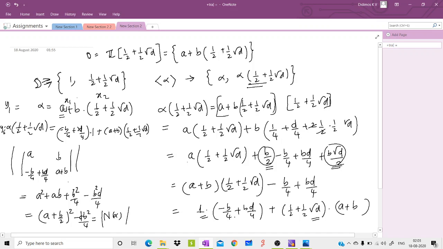Now you can say that in any case, whether D is congruent to 1 mod 4 or not, the determinant of this is equal to the modulus of N(alpha). This is defined as the cardinality of O/⟨alpha⟩. So in any case, the cardinality of O/⟨alpha⟩ is the same as the modulus of N(alpha).